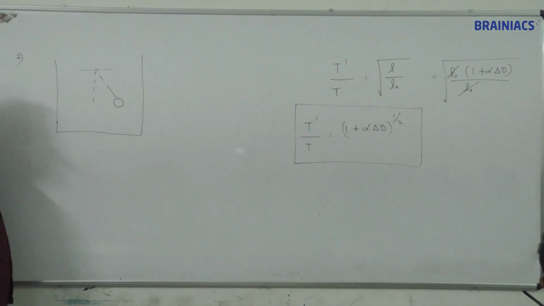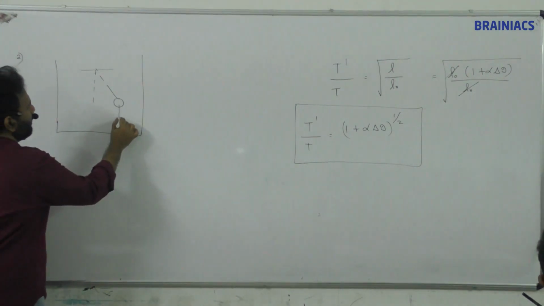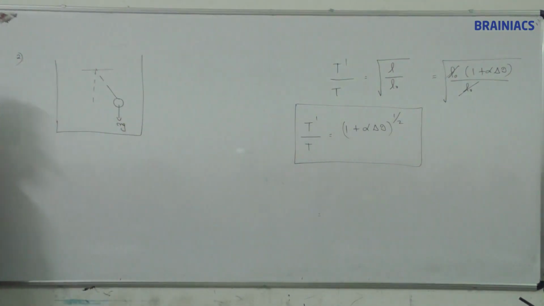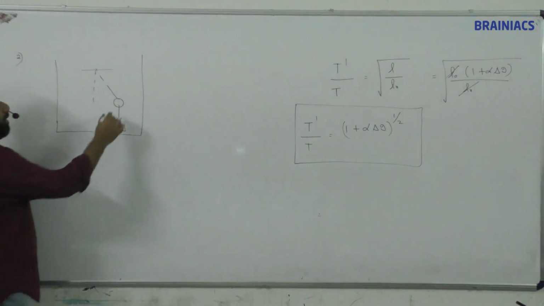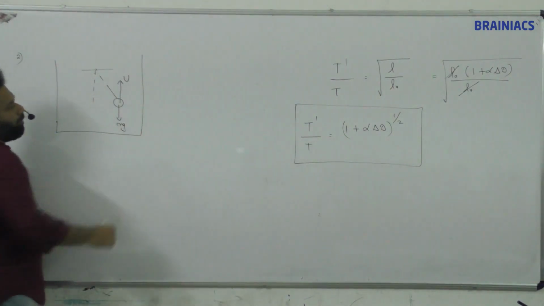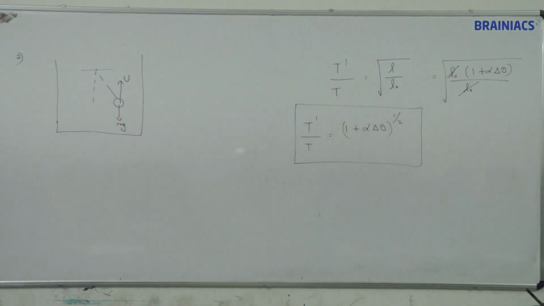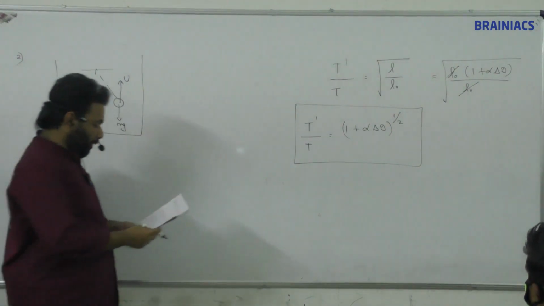If it is like this, then mg will be acting, and at the same time upthrust also will be there, correct? So we need to consider the apparent weight. So apparent g, effective g, also will change, right?